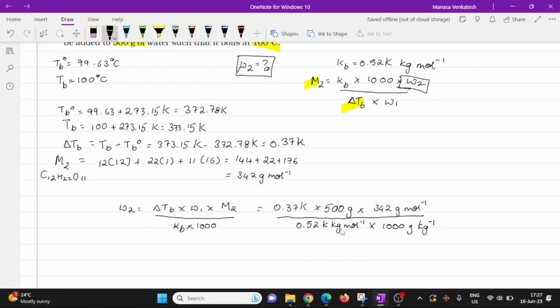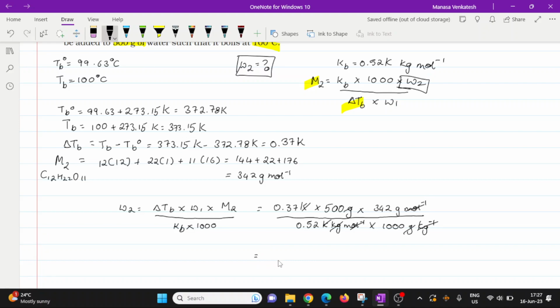Start with the units always. So kilogram, kilogram, Kelvin, Kelvin, gram, gram, and per mole and per mole also get cancelled, which leaves us with grams, which is exactly what we want to calculate.